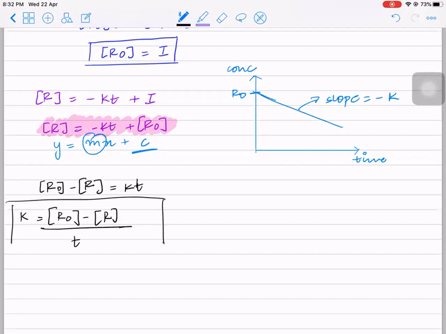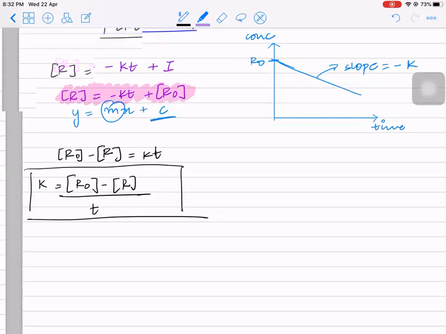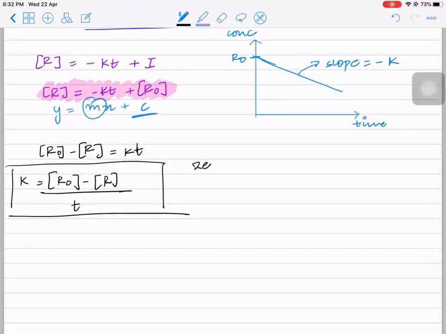So my rate constant can be calculated through this, where your R naught is basically the y-intercept. So this is the integrated rate equation for zero order reactions.